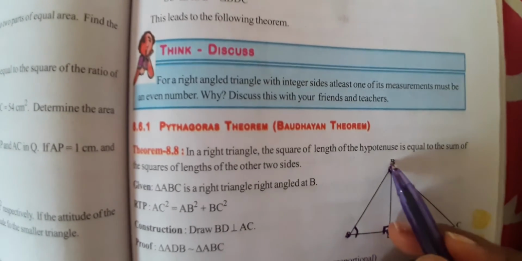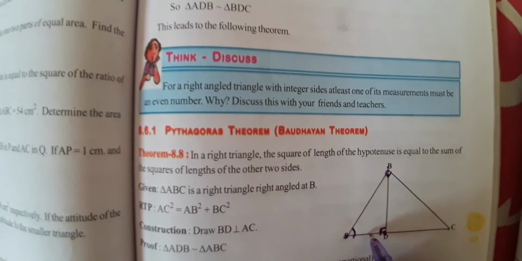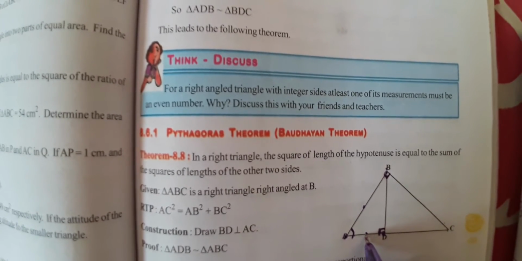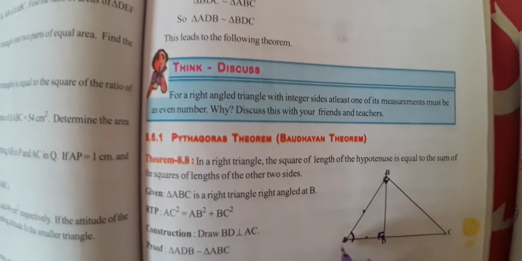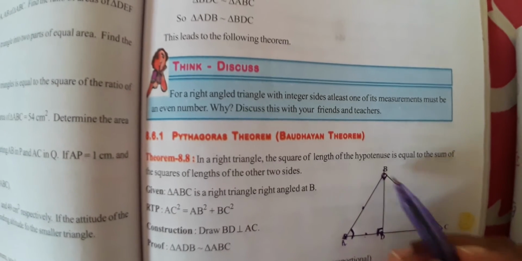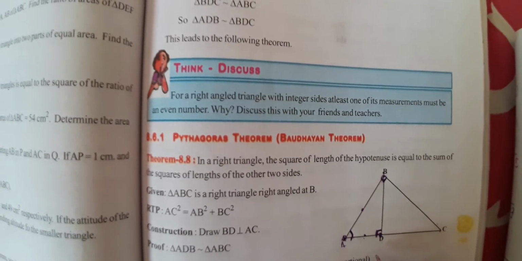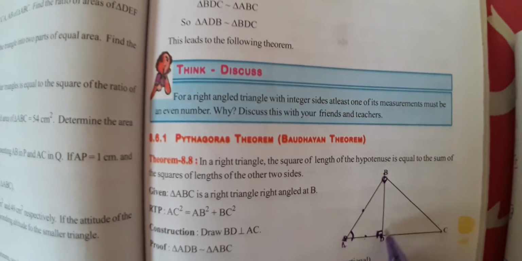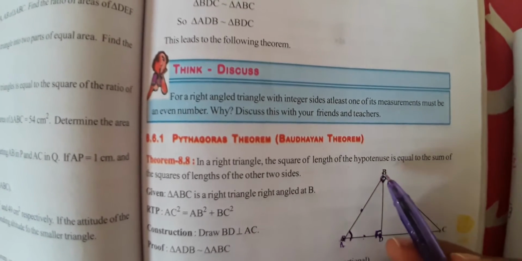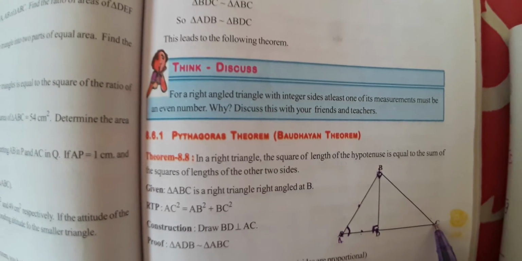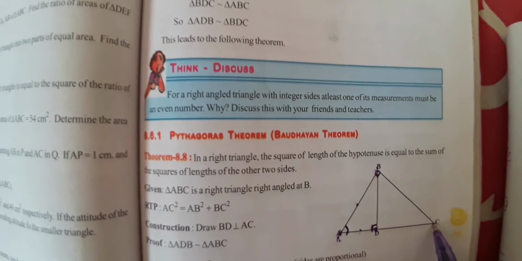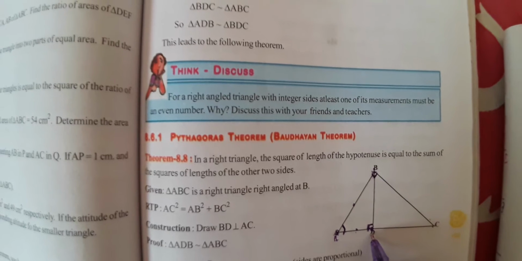This is similar to ABC, so AD corresponds to AB.